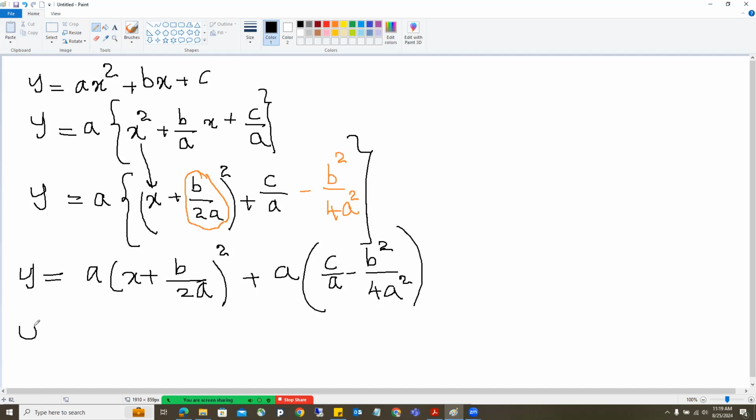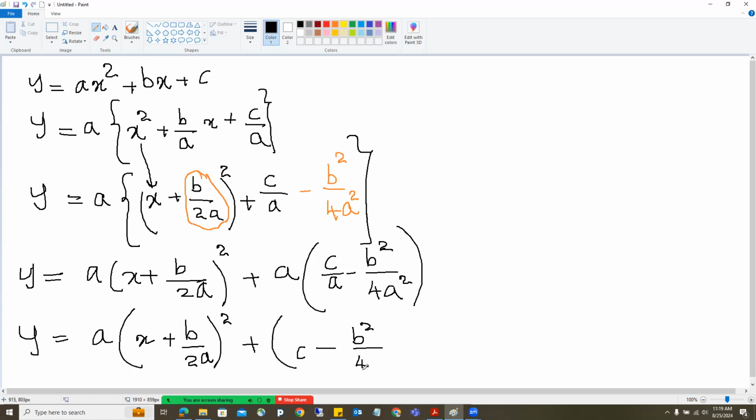Then y equals a times (x plus b over 2a) squared plus, because I'm multiplying this a with each value in here, c minus b squared over 4a.